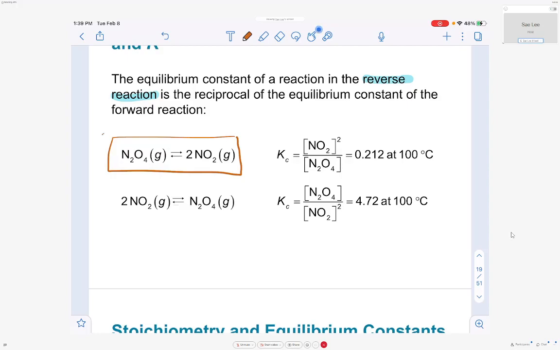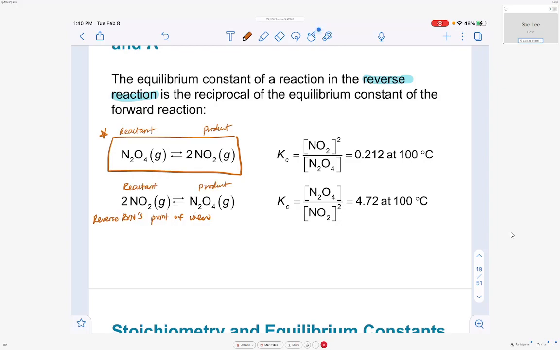For the original reaction, this is the reactant, and this is the product. However, from the reverse reaction's point of view, NO2 is no longer a product. Now this is the reactant and this is the product.